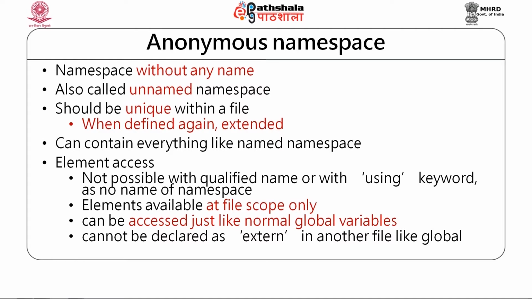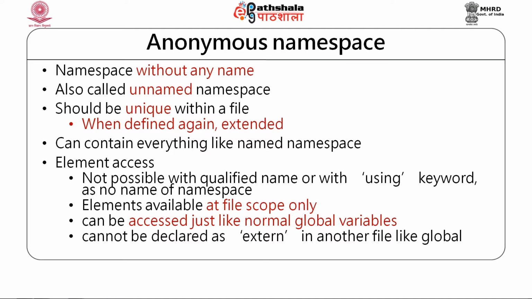This unnamed namespace can be defined again, but otherwise it is unique only. That means, there can be only one anonymous namespace. When we define it again, the namespace will be extended. Extended in the sense, the other elements will be included in the previous unnamed namespace. We will see the example also.